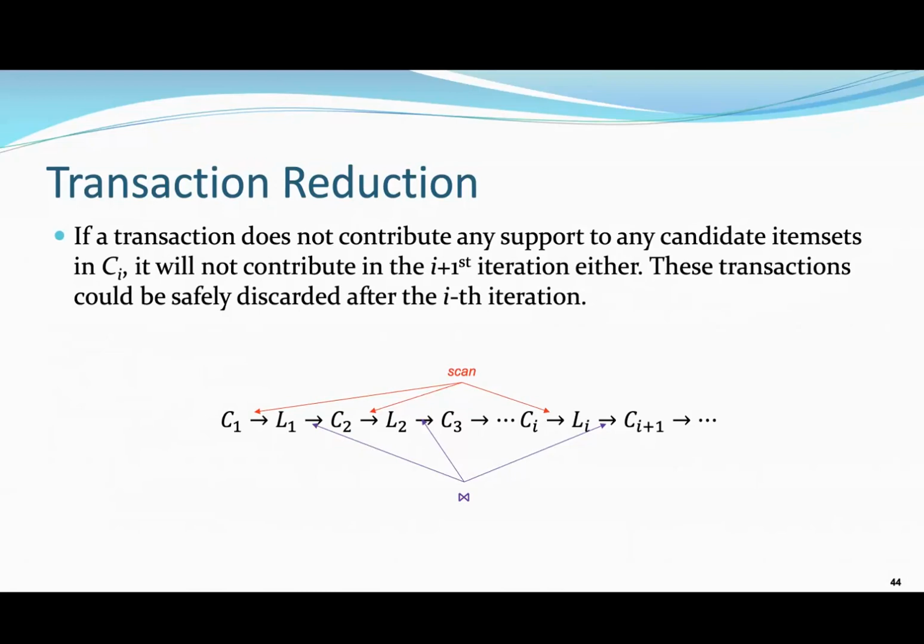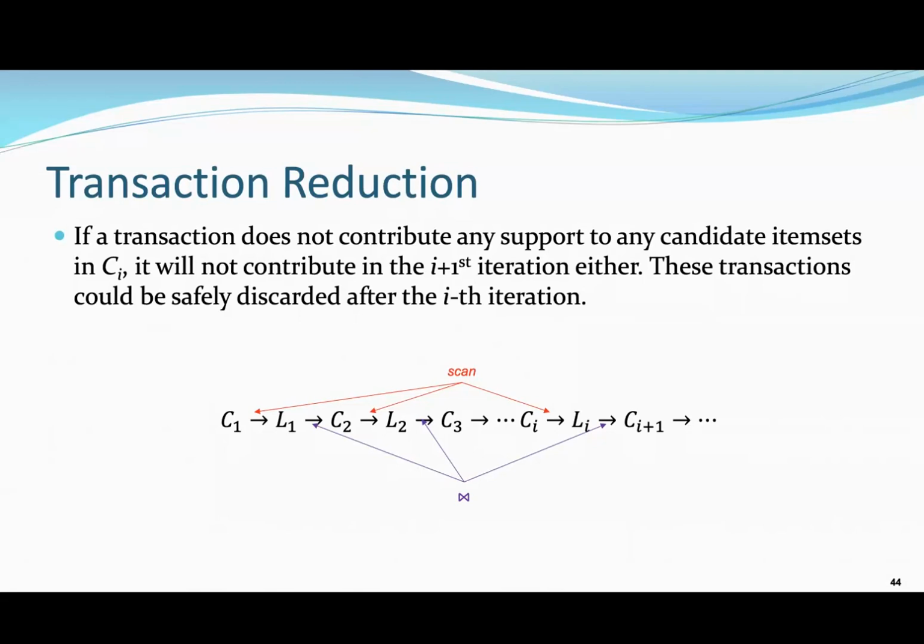Now, if L1 is obtained, what the a priori algorithm would do is that it would apply the a priori GEN procedure, join the item sets in L1 to obtain C2, right? This is a set of all size 2 candidate item sets. And from C2, we would scan the database again, doing some support counting to obtain L2. L2 is a set of all frequent size 2 item sets, and so on, right?